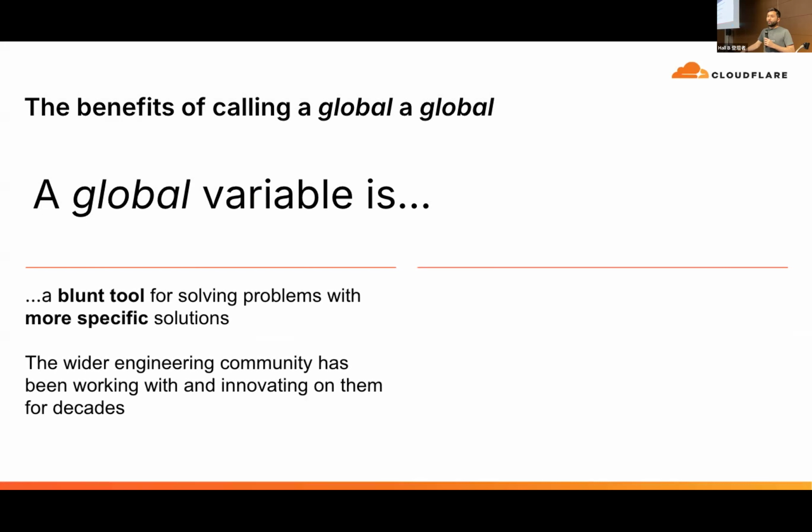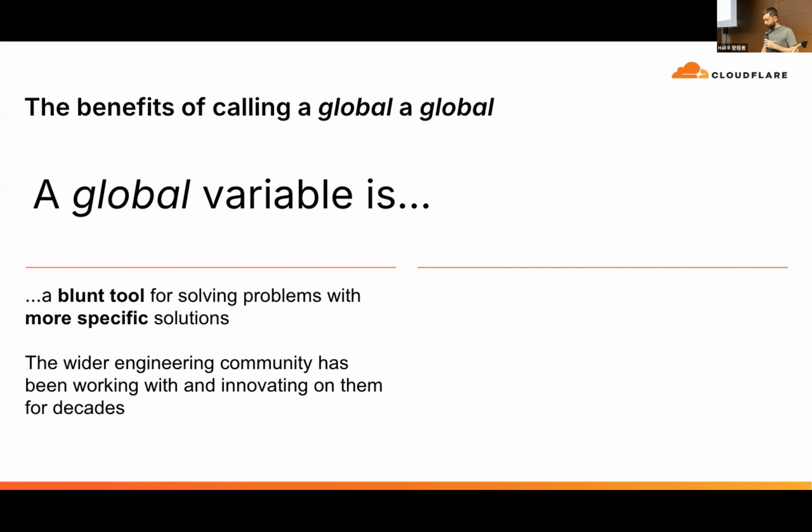Highlighting this not only told us that we were doing something that was an anti-pattern in a lot of the rest of the industry, but it also gave us a list of more specific solutions to the requirements our pillar usage was already solving for us. As we identified and migrated our existing pillar usage to alternatives, we were not only reducing the reliance on this bad mechanism, but we were also incorporating the collective knowledge of the wider engineering community.